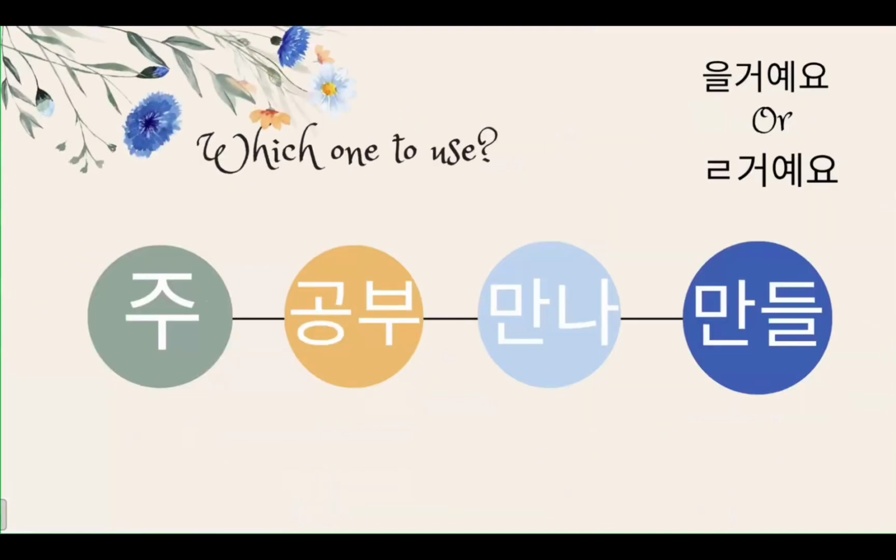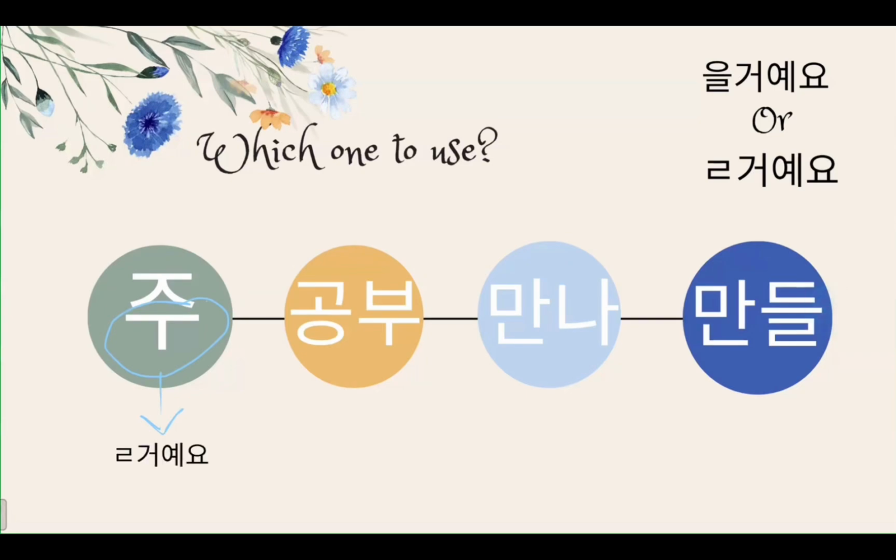Here we are doing just a little practice to find out which one to use, either 울 거예요 or 릴 거예요. Here we have the word meaning 주, which ends in a vowel, the u. So we know that we would use 릴 거예요.